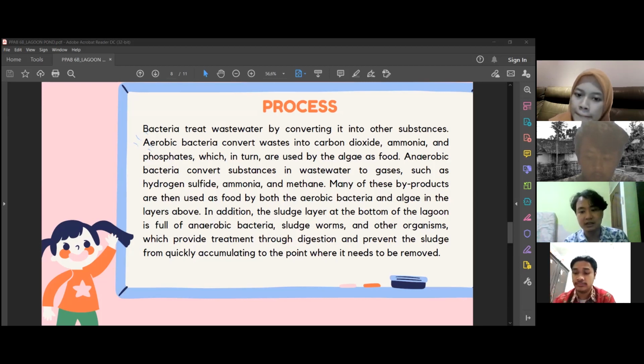Many of these byproducts are then used as food by both the aerobic bacteria and algae in the layer above. In addition, the sludge layer at the bottom of the lagoon is full of anaerobic bacteria, sludge worms, and other organisms, which provide treatment through digestion and prevent the sludge from quickly accumulating to the point where it needs to be removed.